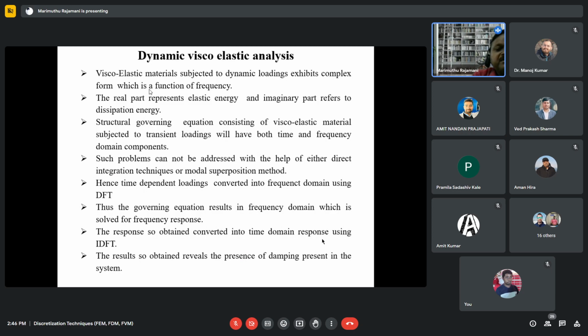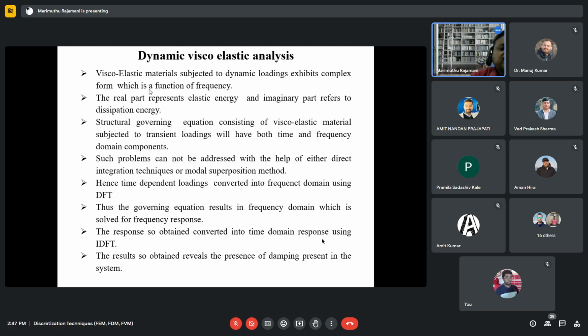It should damp out, and then come to the static equilibrium position. So the way it has been done is, the viscoelastic material is subjected to dynamic conditions, and its properties are evaluated as a complex function of frequency.